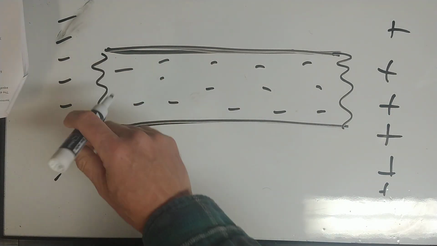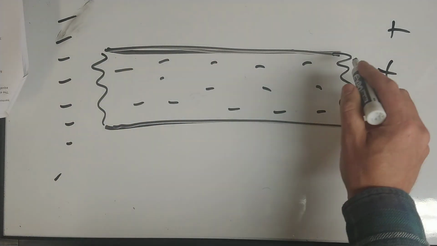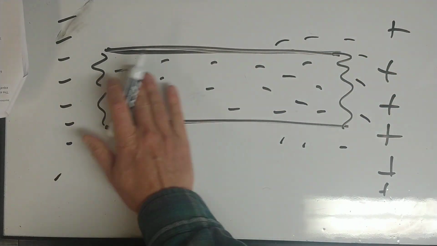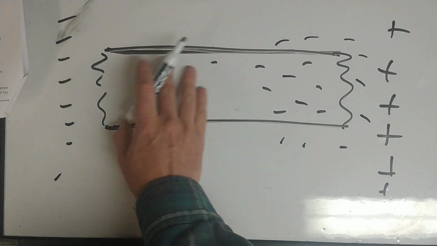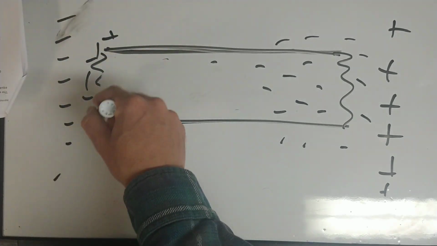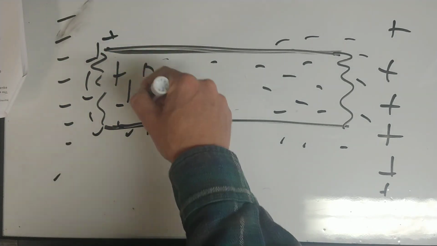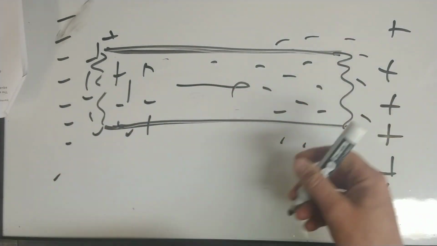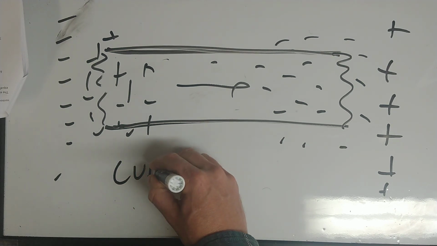The electrons, the valence electrons, will move over to this side of the metal, right? They actually move. The wire becomes polarized. This side would become positive. This side would become negative. The electrons would move. That's called current flow.